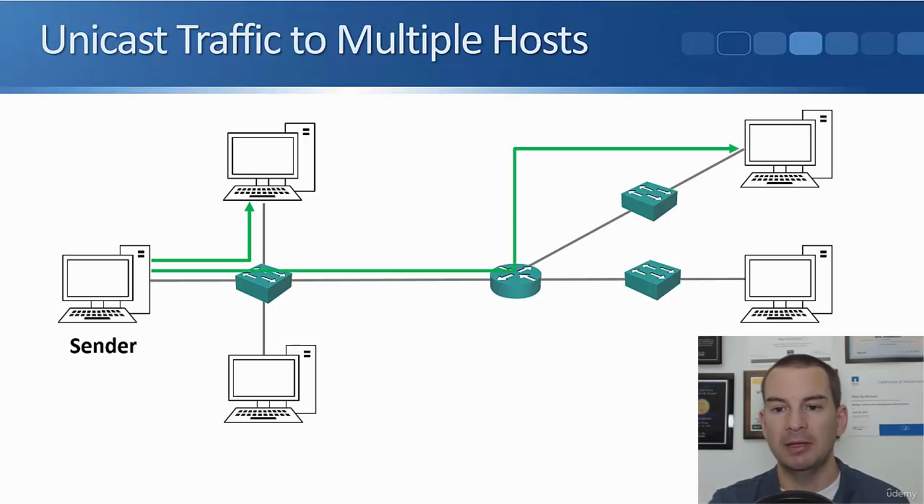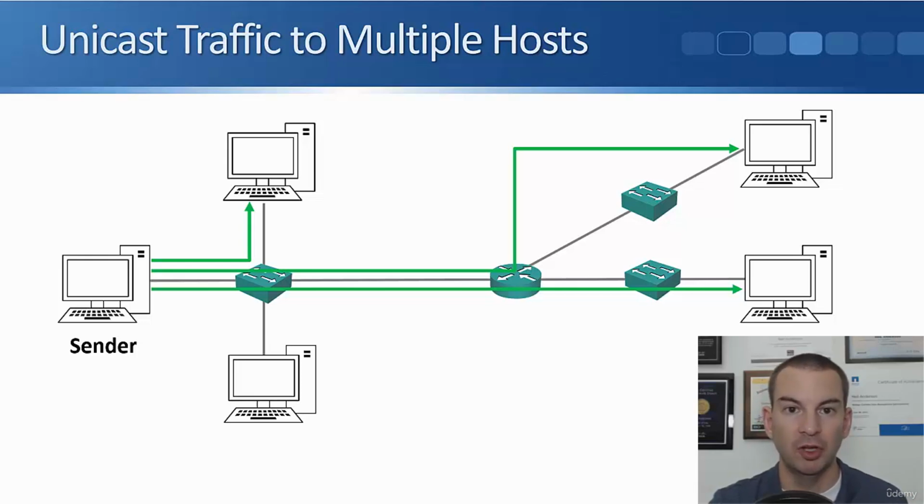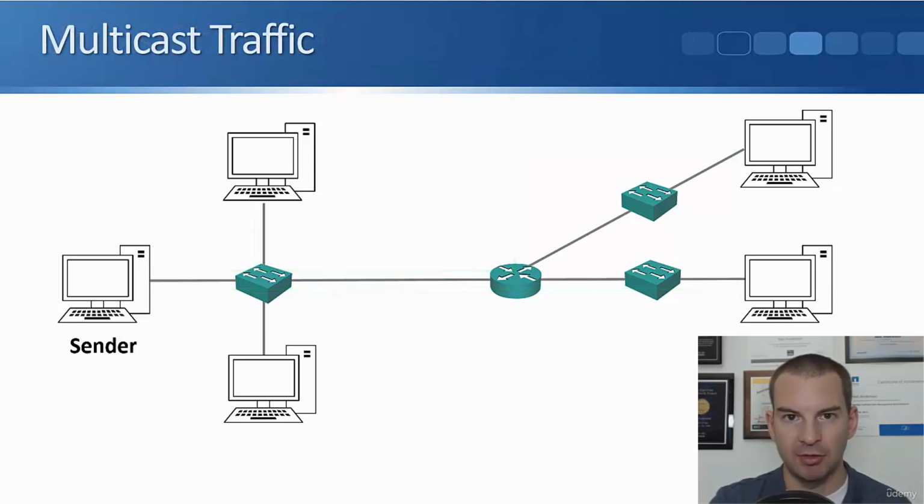It also sends it to the PC up at the top right, and it's sending separate copies of the same traffic to each of those individual hosts. It also sends it to the PC over in the middle on the right as well. So we're sending a video stream, it's 1 megabyte in bandwidth, we're sending 3 separate copies of it, so that would take 3 megabytes worth of bandwidth from the host over on the left, also throughout that part of the network as well.